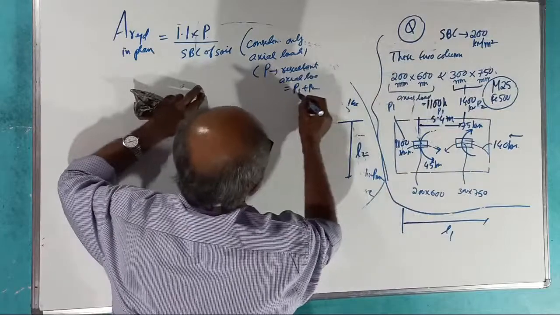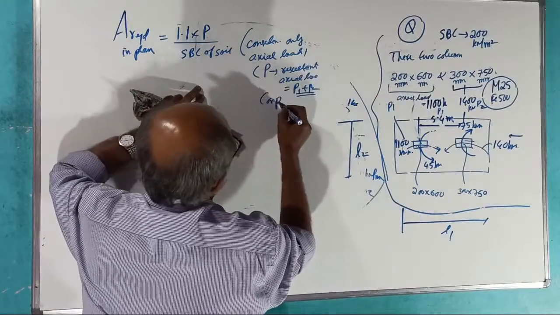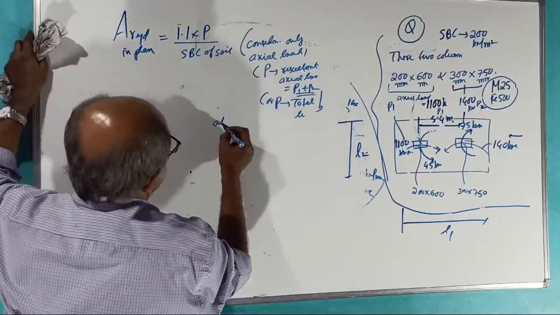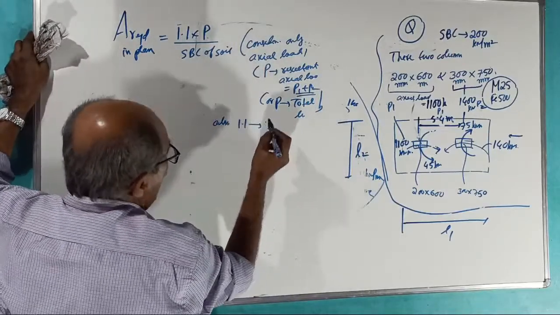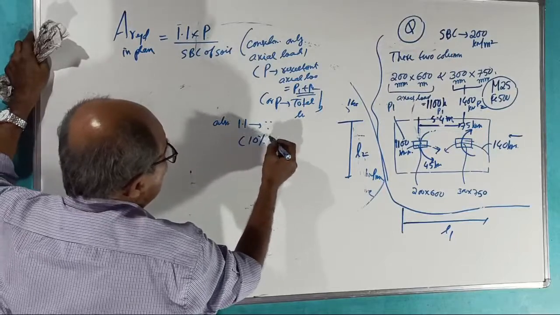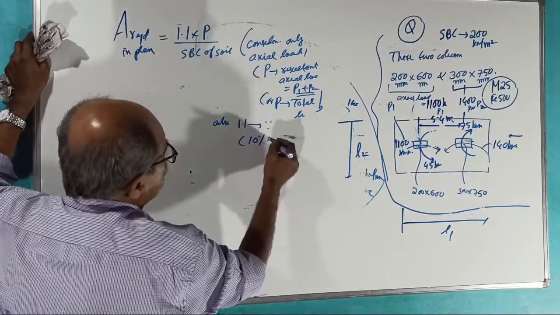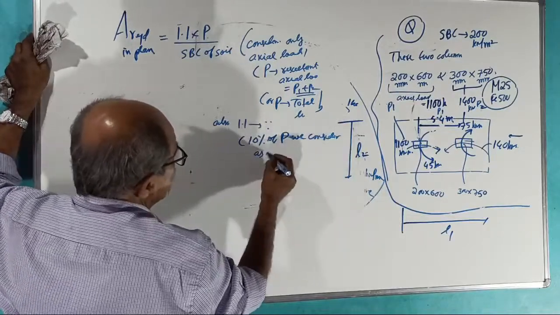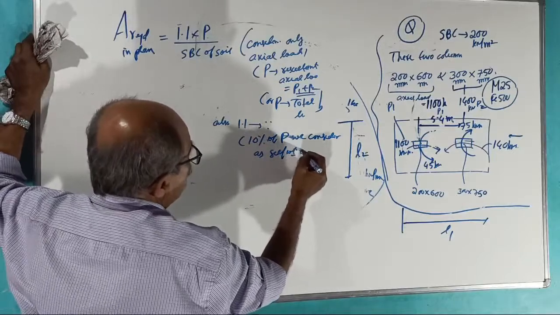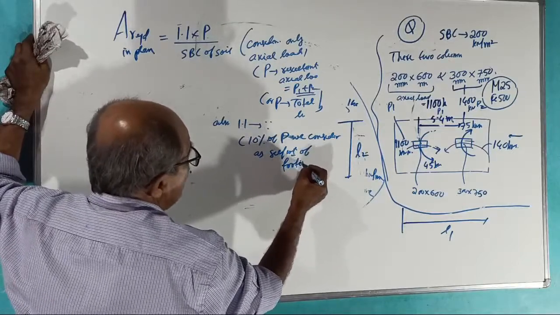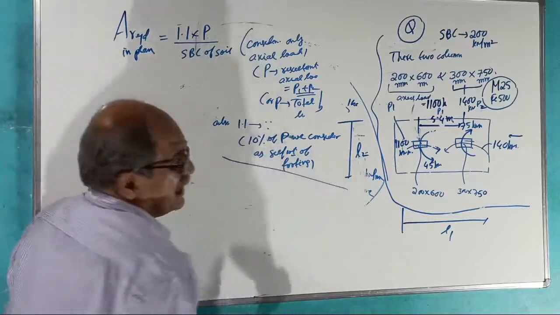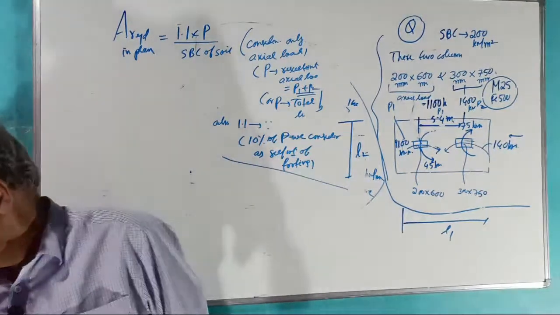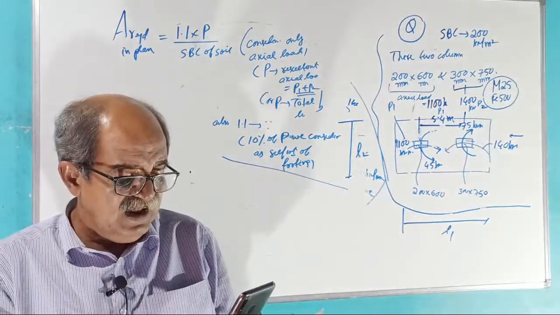It is P1 plus P2, or P is the total downward load, and also 1.1 because we consider 10% of P as the self weight of footing, including some fillings and all. Tell me, crystal clear? If this bit is not clear, then what are you doing all these days? Crystal clear?